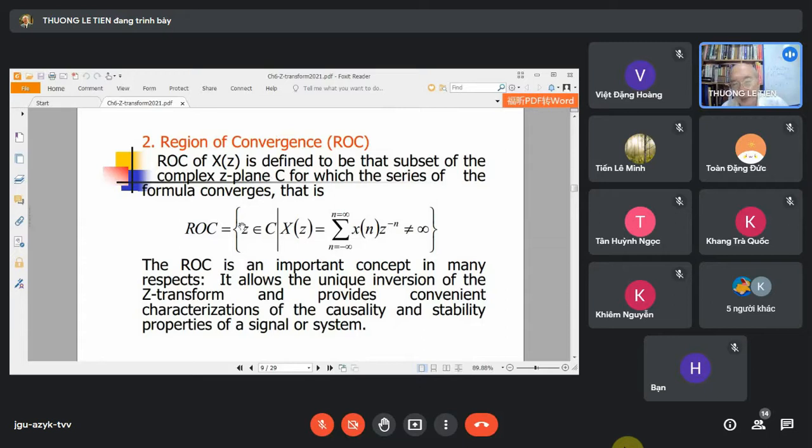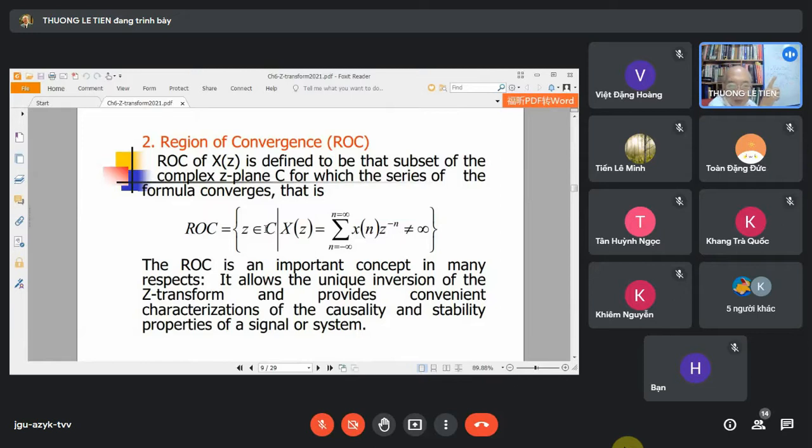By definition, the region of convergence of Z is a subset of the complex Z plane. Bear in mind later on when we say Z plane or complex plane, they are the same.